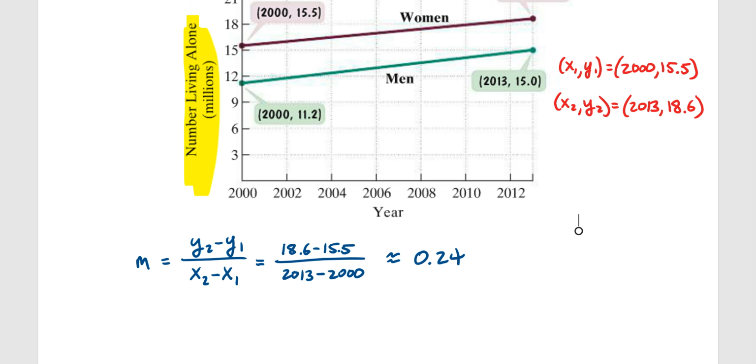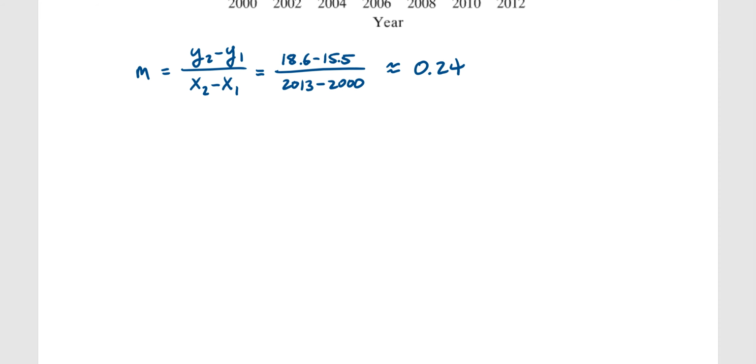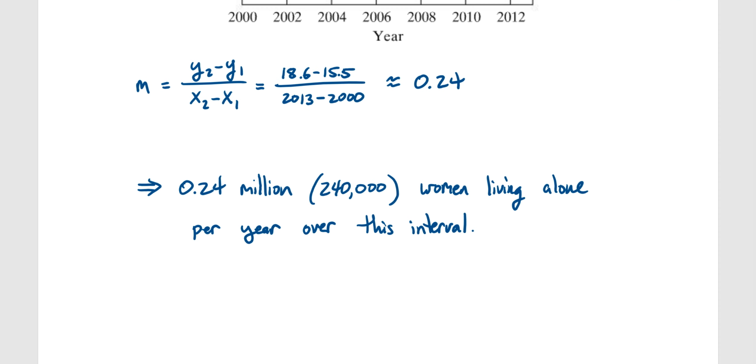So this represents the number in millions living alone per year. Okay, so we can write that as 0.24 million, which is 240,000 women living alone per year over this interval. So the units of y for every, or per, unit of x. So women living alone for every year.